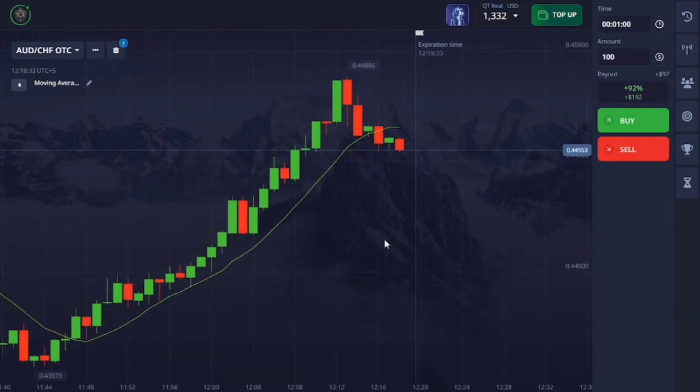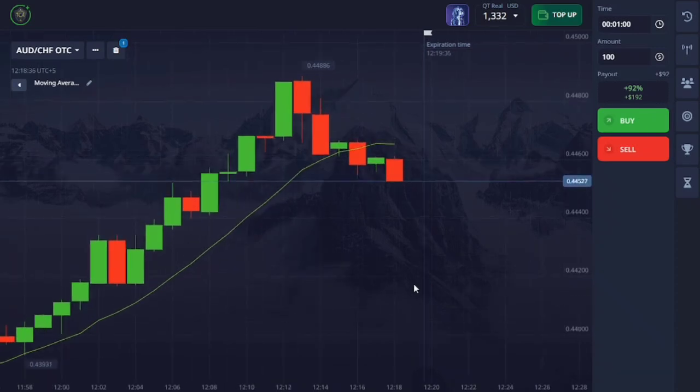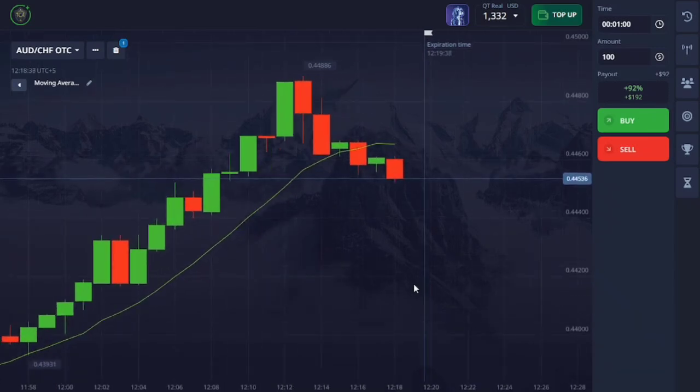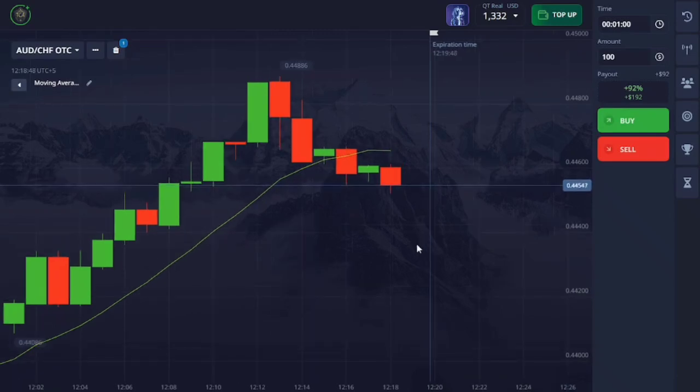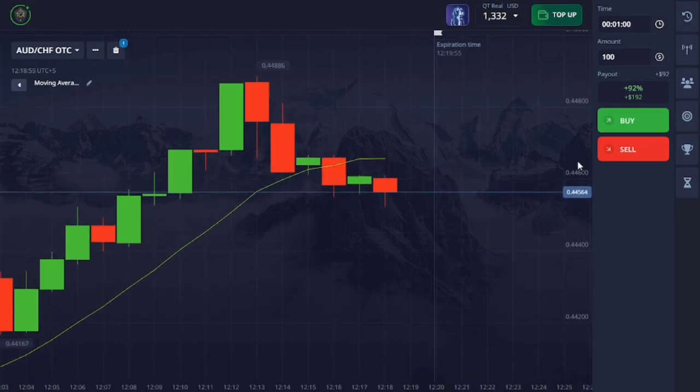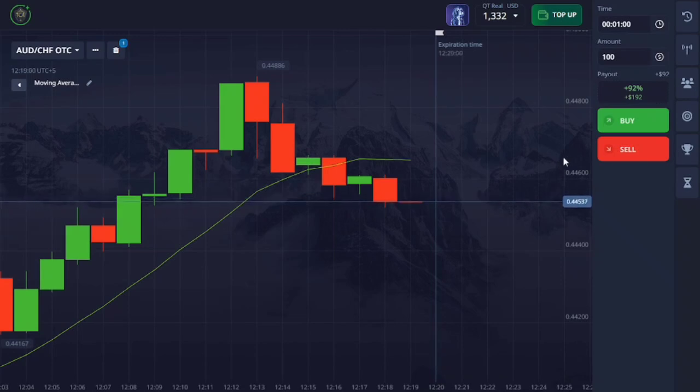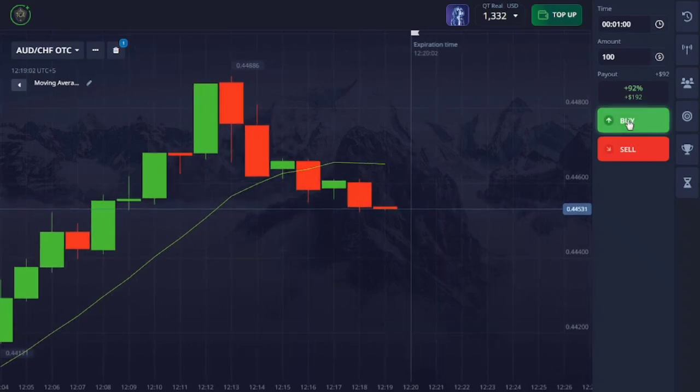After this closes here, I will take a trade on the next candle. And after waiting a little, here I have placed a trade of $200 in the up direction, and I am sure that my trade will definitely be a win.